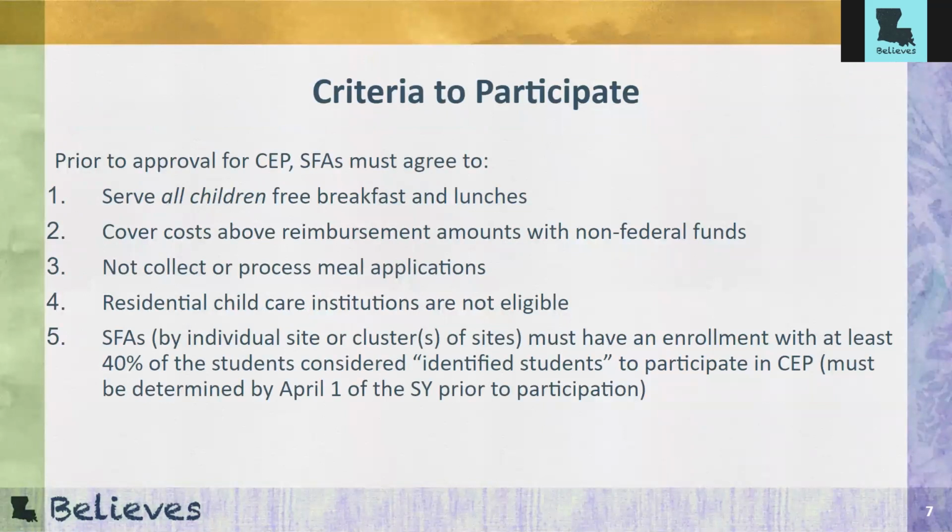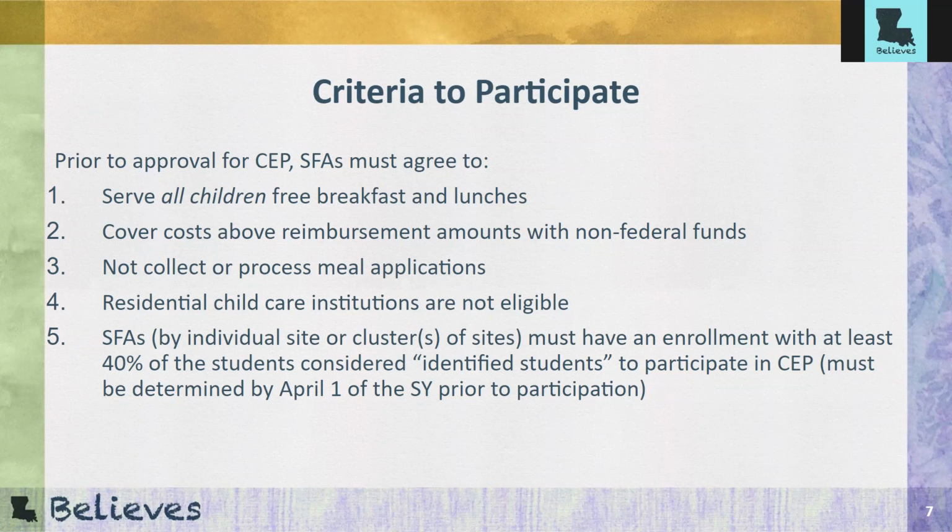So to participate, schools must agree to serve all children free breakfast and free lunches. If there are additional costs, those costs have to be paid for with non-federal funds. You cannot collect or process meal applications. You cannot be a residential childcare institution.